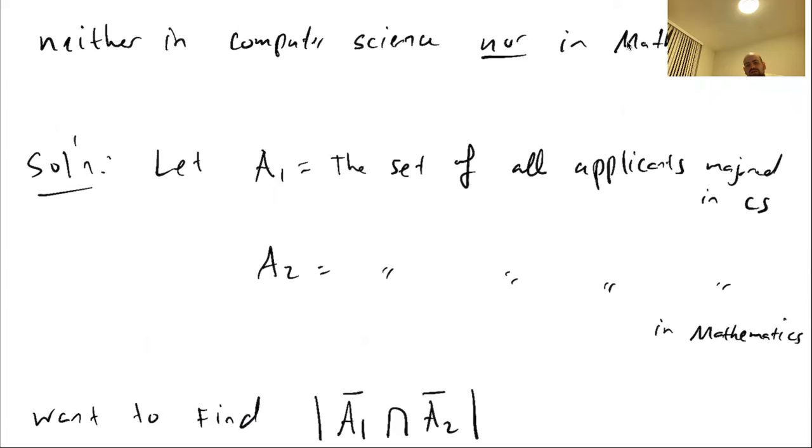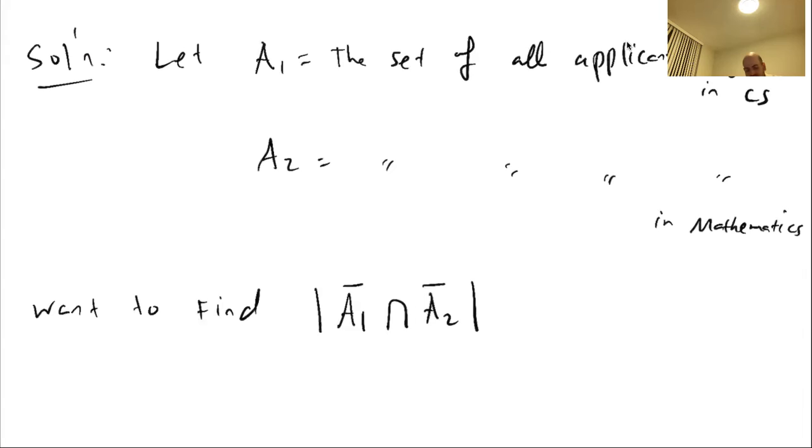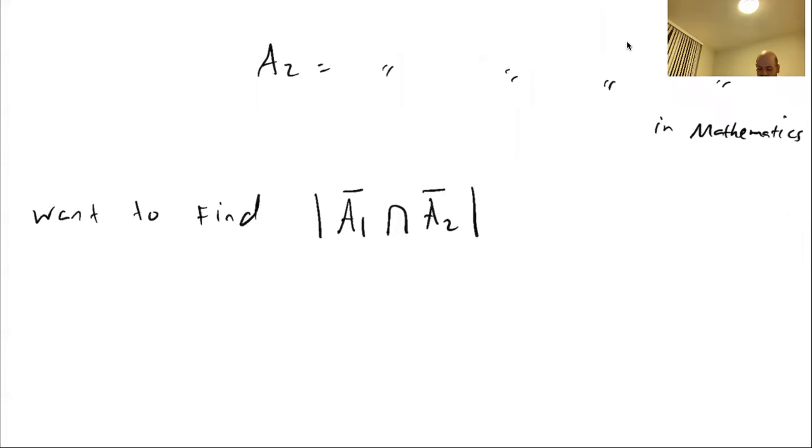So we want the applicants that are not in A1, which means they are in A1 complement, and intersection, they are not in A2, which means A2 complement. So this how many means the number of elements in the set of applicants that are not in computer science and not in mathematics. So we want to find the set of these elements.